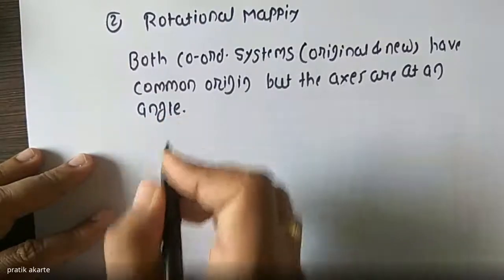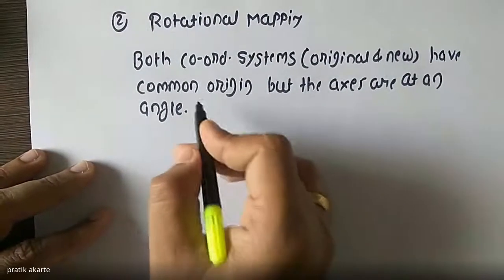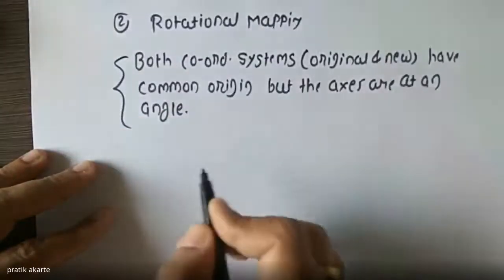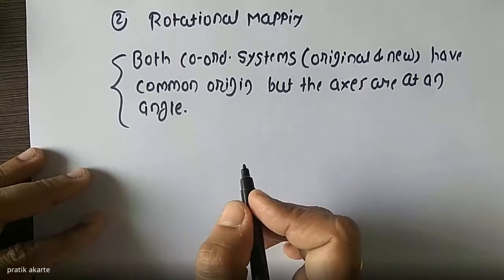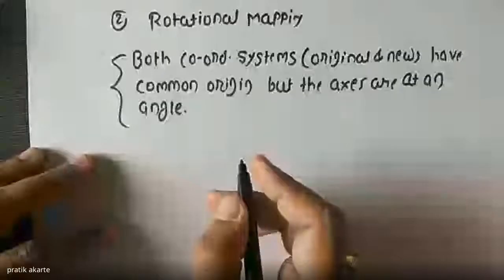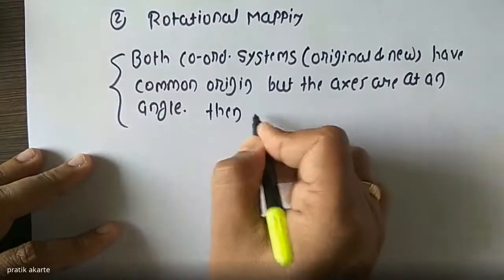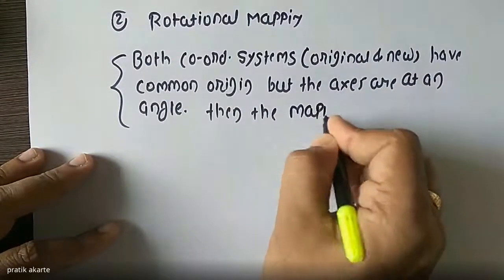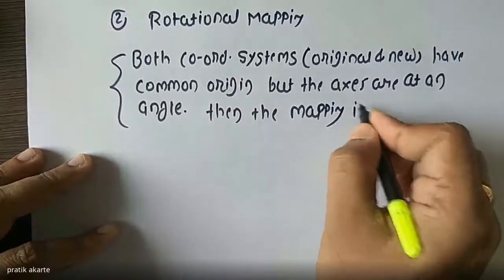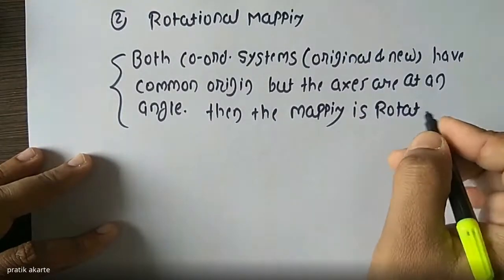That is what we call rotational mapping. Now, if this condition prevails, the origin is the same for both coordinate systems but the axes are at an angle, then this type of mapping involved is called rotational mapping.